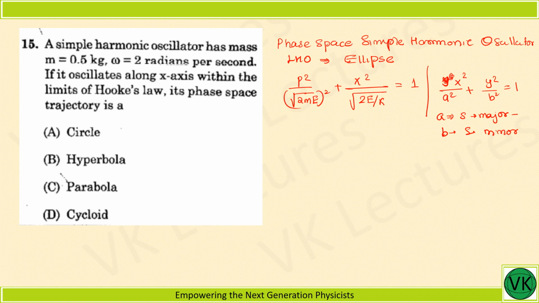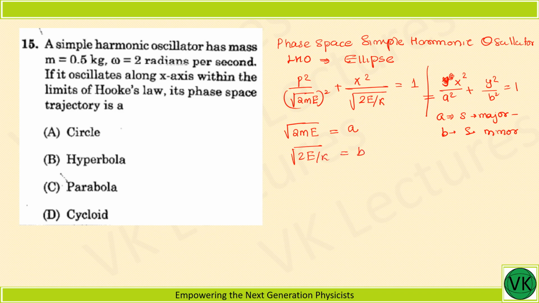Now while comparing these two equations, we know that x is p and y is x. Now root of 2me is equal to, let it be a, and root of 2e by k is equal to b.